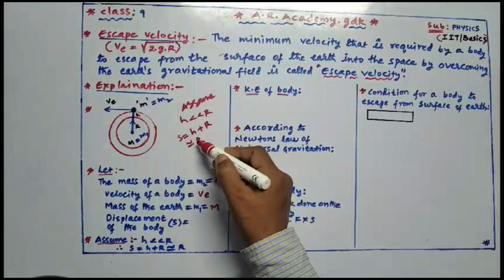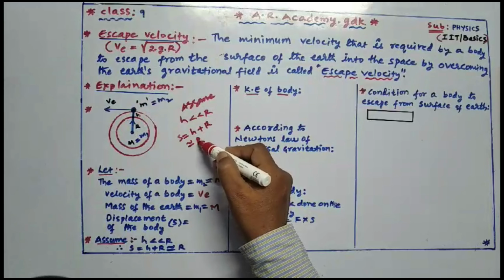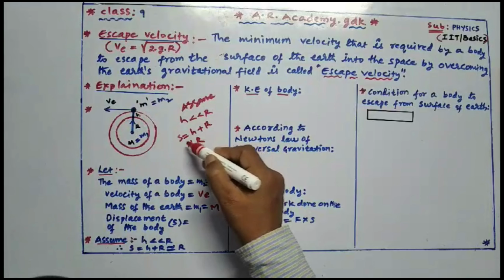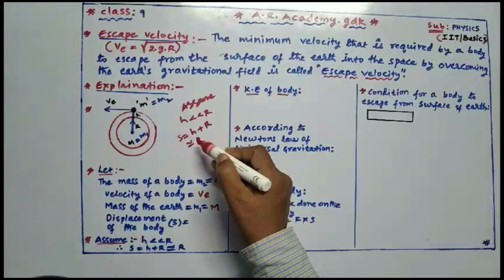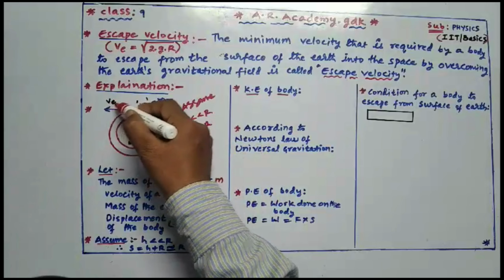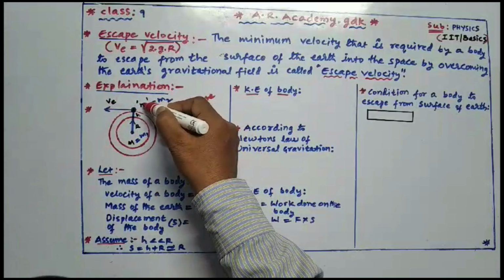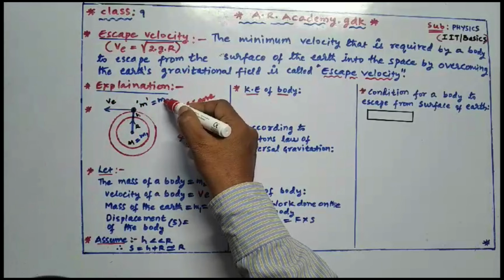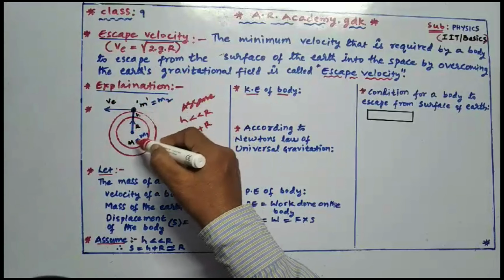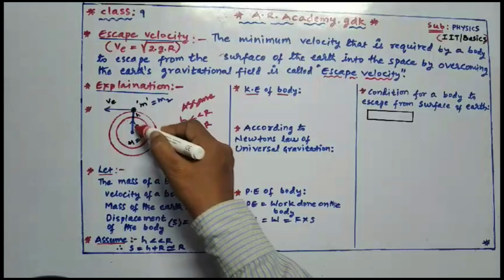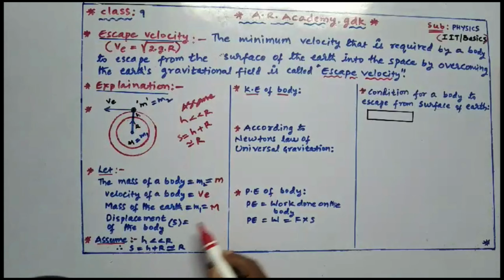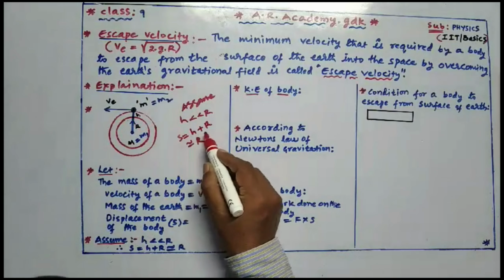R plus H, we are taking displacement as R. H is very less, that's why I took S equal to R here. So its required velocity is VE. Mass of the body is small m, the first body, and our Earth's mass is capital M. Displacement is R.